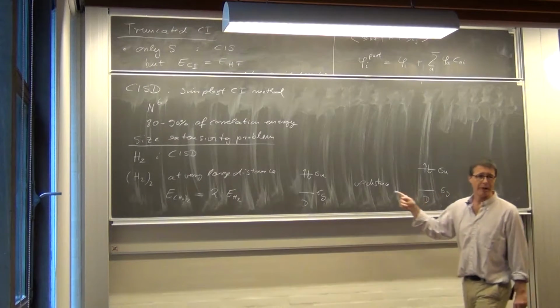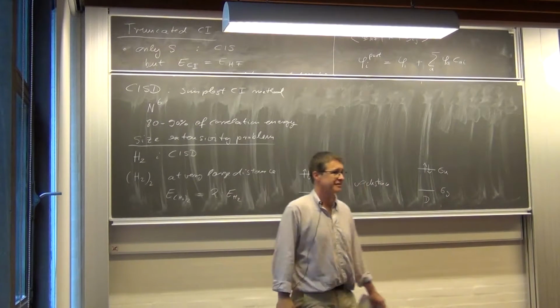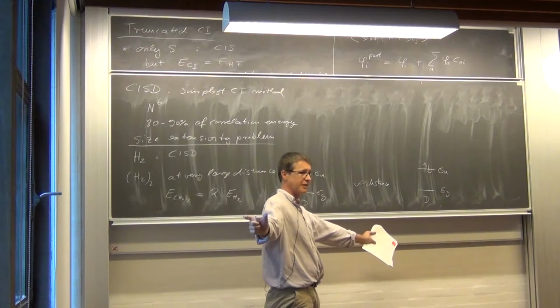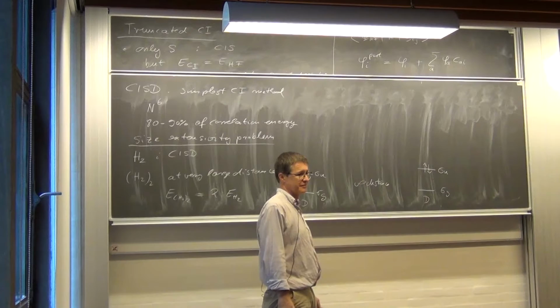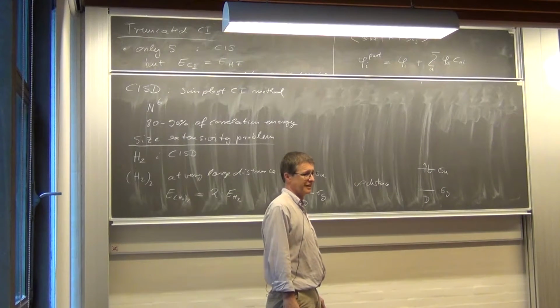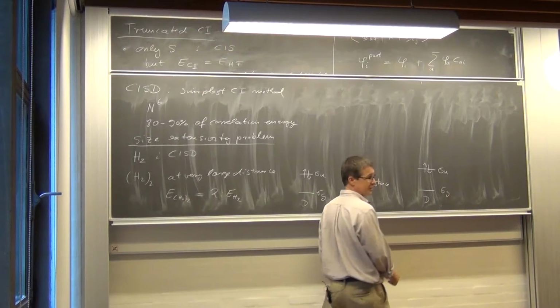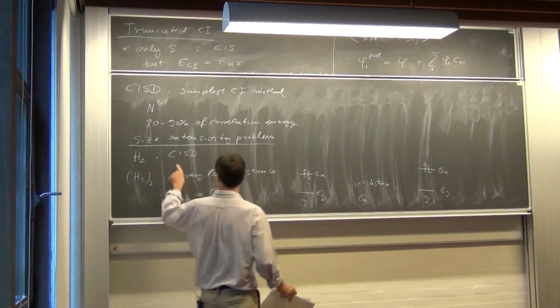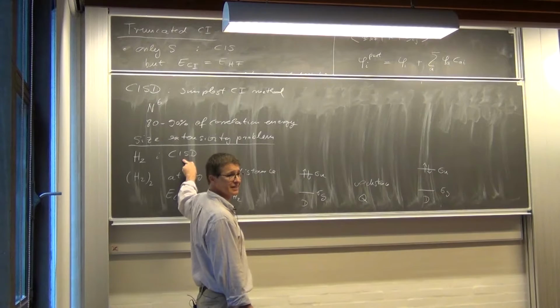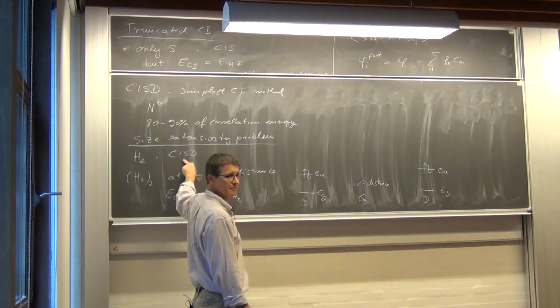But if that is now part of one calculation, a supermolecular calculation, what kind of excitation is that? Emil? That's a quadruple excitation. Both together is a quadruple excitation. But I'm only doing CI singles and doubles.